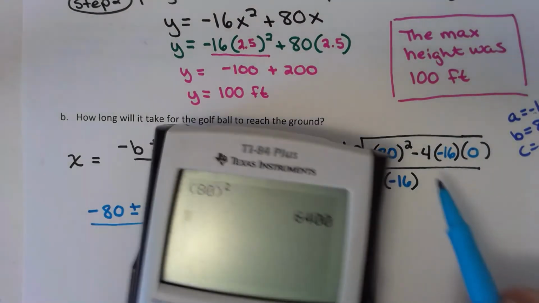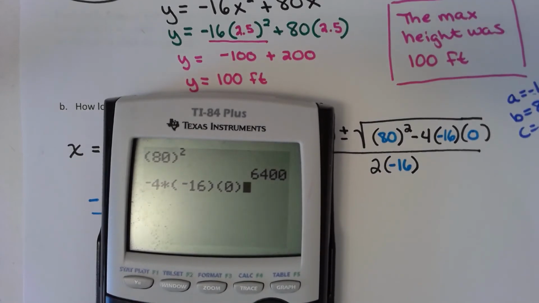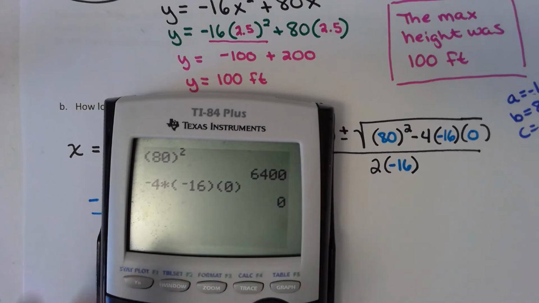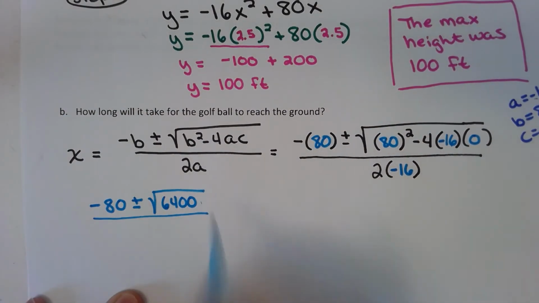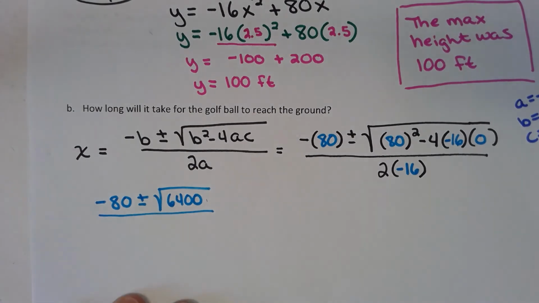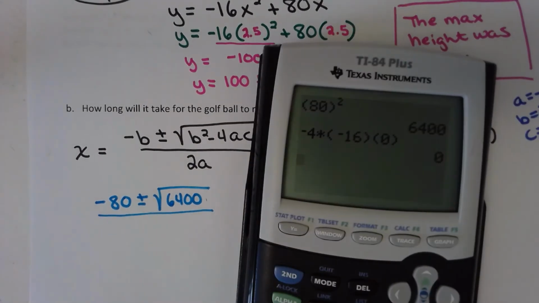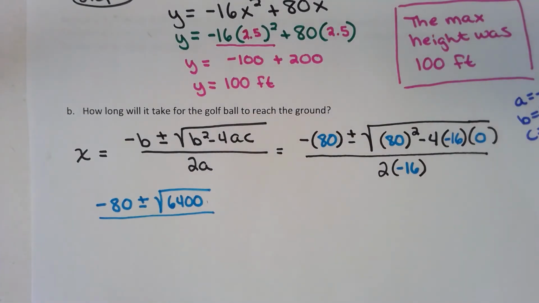And if I multiply negative 4 times negative 16 times 0, I end up with 0, because multiplying by 0 is always going to give you 0 for an answer. So I could put plus 0 right here and do another step where I put them back together, but I'm going to go ahead and leave it like that. And on the bottom row, I am doing 2 times negative 16, which gives me negative 32.